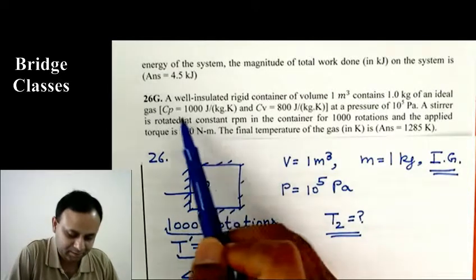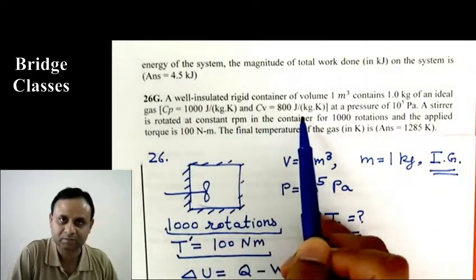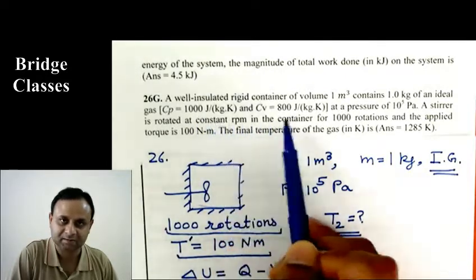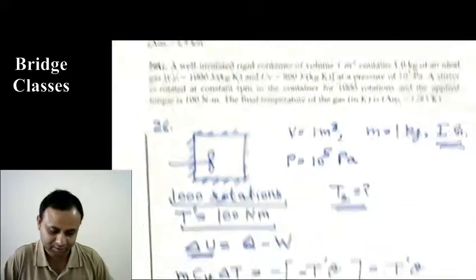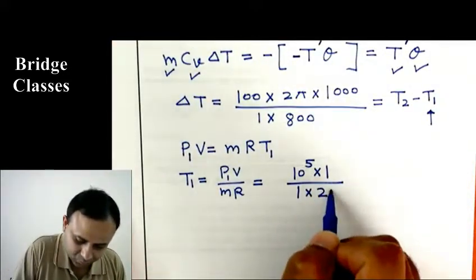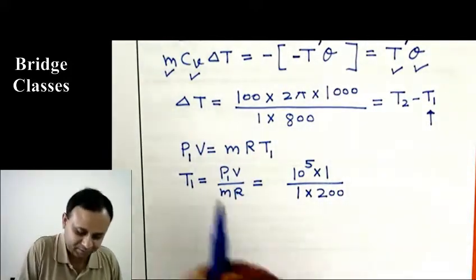Actually, if you see, it gives values of Cp and Cv both. And for an ideal gas, Cp minus Cv is R. So R is 1000 minus 800, that is 200, times 200. So this gives T1 and you plug the number here, that will give you T2.